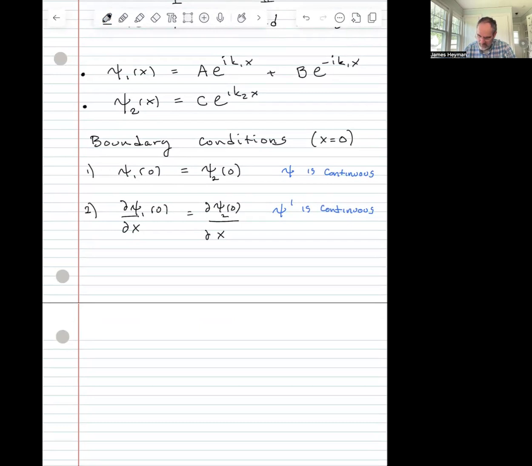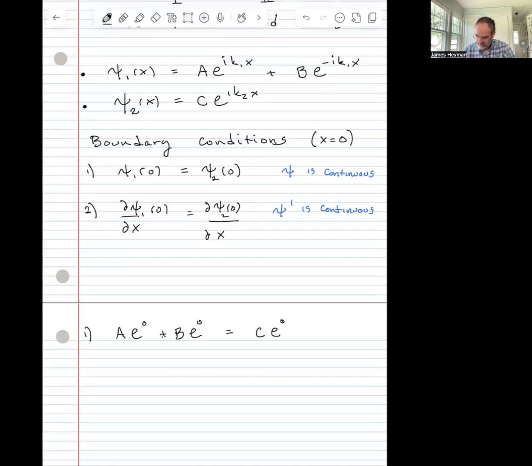So looking at boundary condition 1, this tells me that at x equals 0, psi1 must equal psi2, so that A e to the i k x, but x is 0, plus B e to the i times 0 must equal C times e to the i times 0.